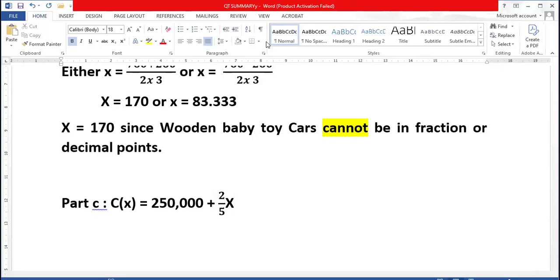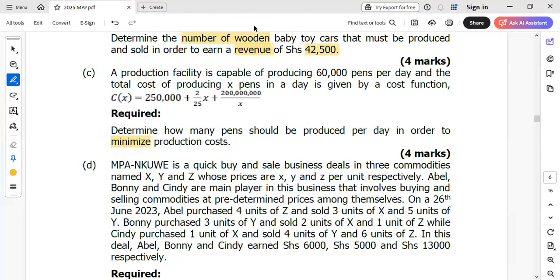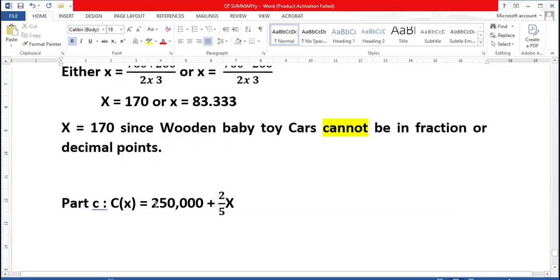Plus 2 out of 5x, plus 200,000. It's plus 2 out of 25. 2 out of, okay, 250,000.